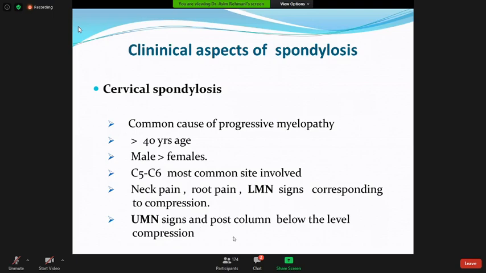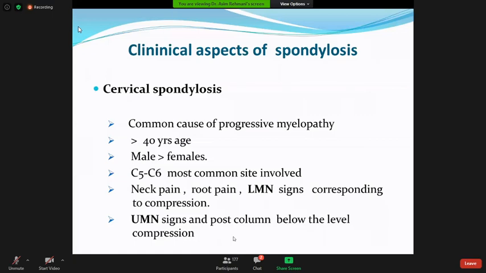So cervical spondylosis is the most common cause of progressive myelopathy, especially in elderly individuals, usually found in individuals of 40 or more years of age, more frequent in males than females.